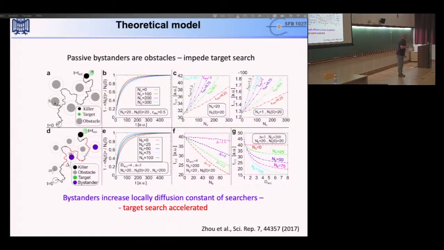It's only that segments of these paths are passed in a shorter time because of the increased diffusion constant. And that means automatically that you should end up, with this increased diffusion constant, with a smaller mean first passage time.